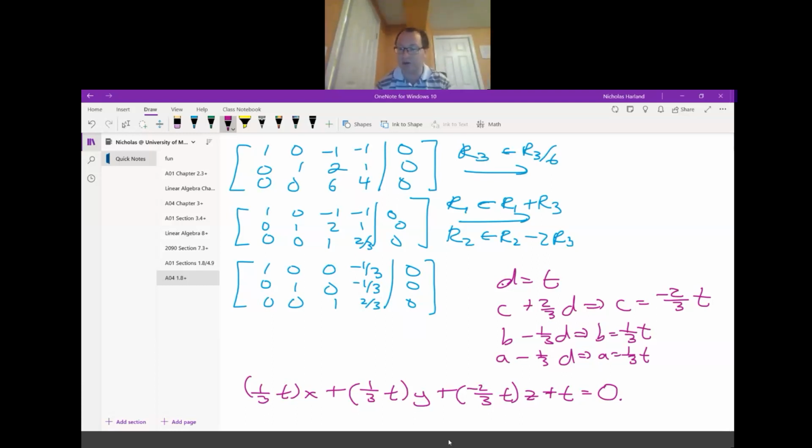All right, so any questions about how we do this? And if not, what value of T makes this not work? Because there is one value of T for which this is not the equation of a plane.